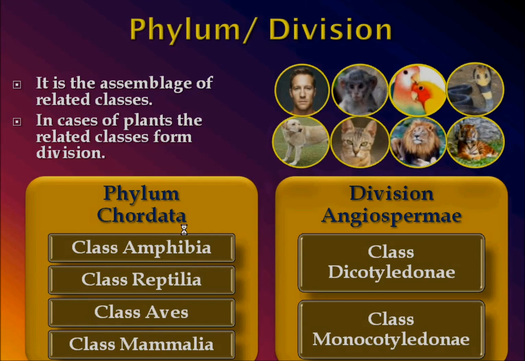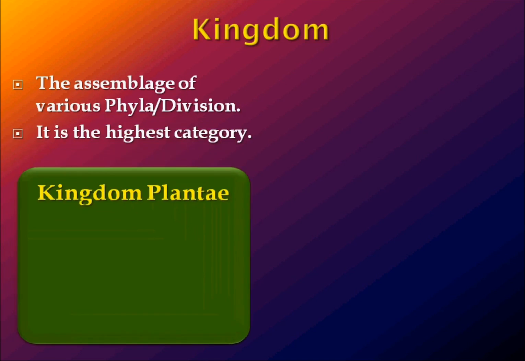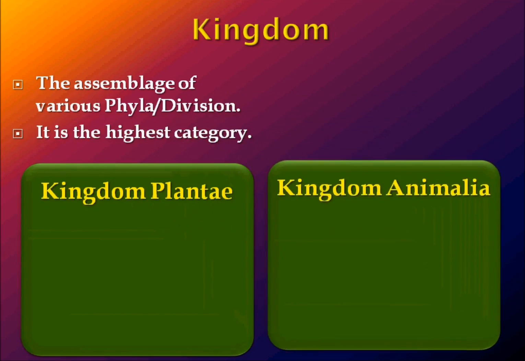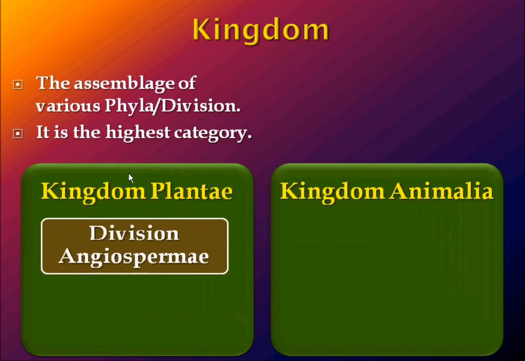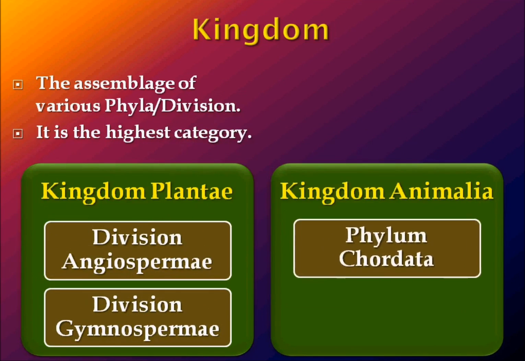And finally, we have the taxa kingdom, which is the assemblage of various phyla. So it's the highest category. So we have two kingdoms, kingdom Plantae and kingdom Animalia, and these are self-explanatory terms.